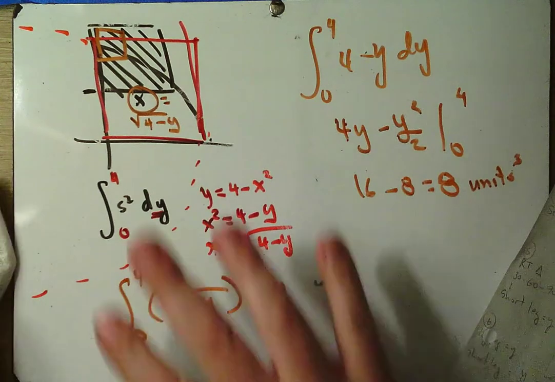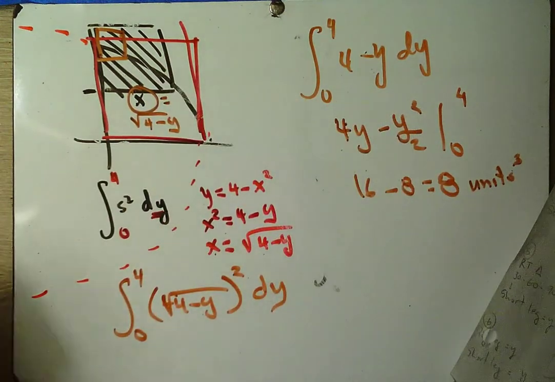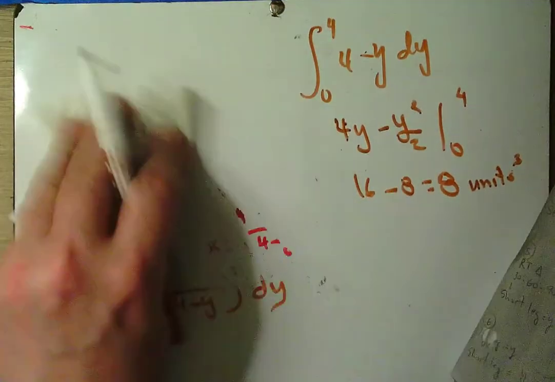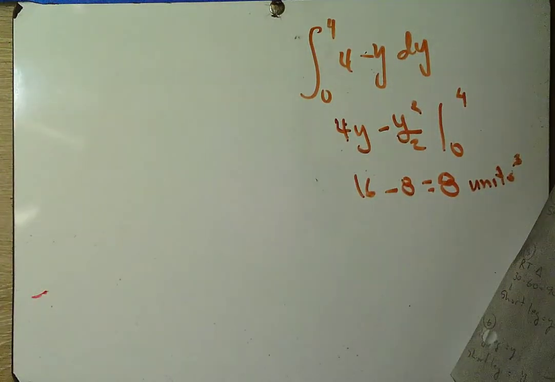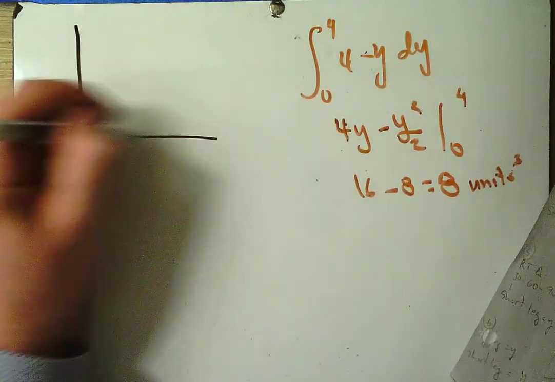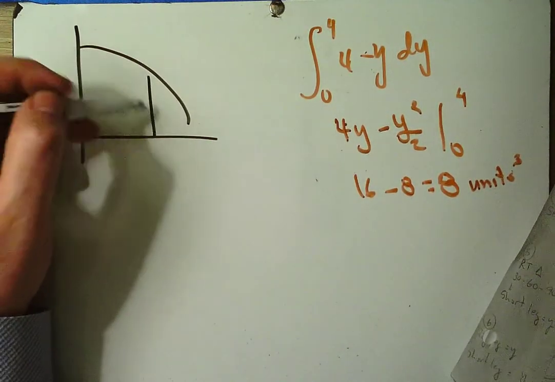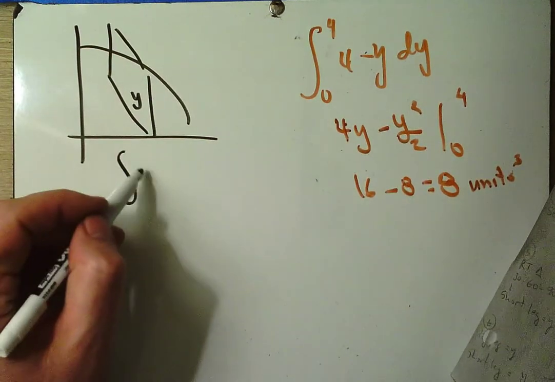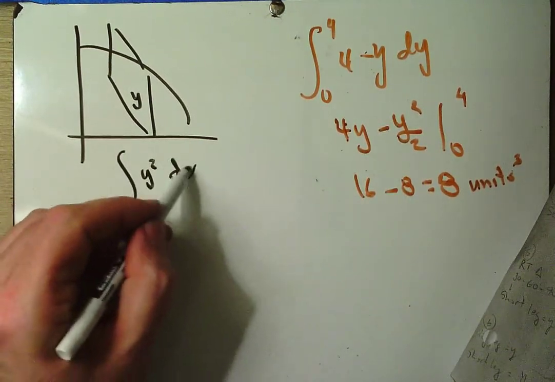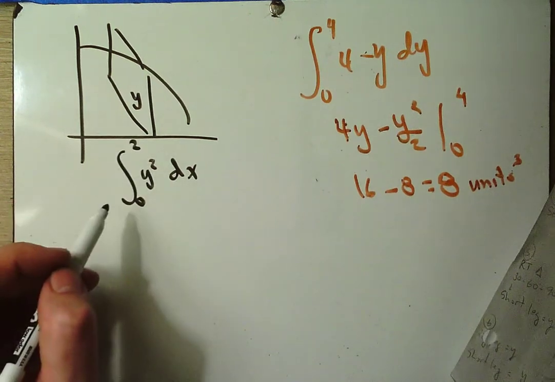Now, some people wonder, well, Mr. Kukla, why couldn't I just do it with squares the regular way and not worry? Well, let's take a look at that situation. So if I were to integrate squares this way, so there's my side length again. We're integrating y squared dx this time from 0 to 2.